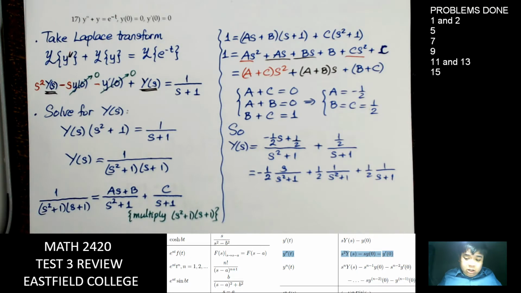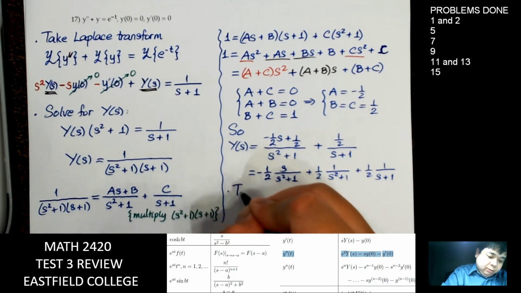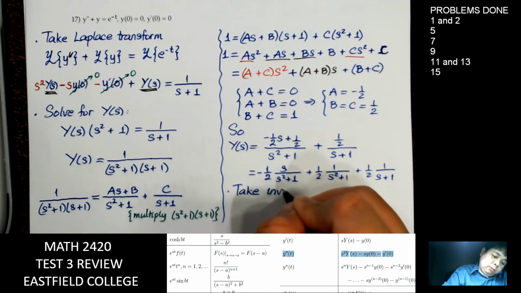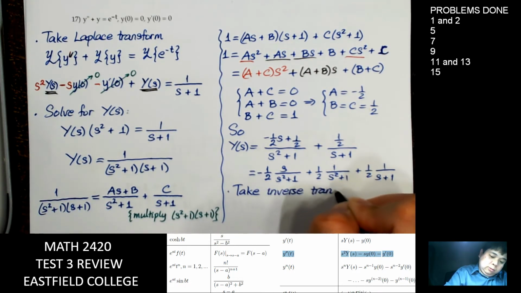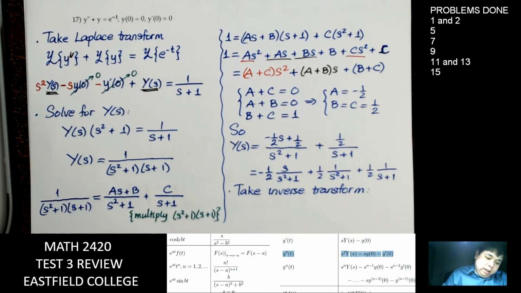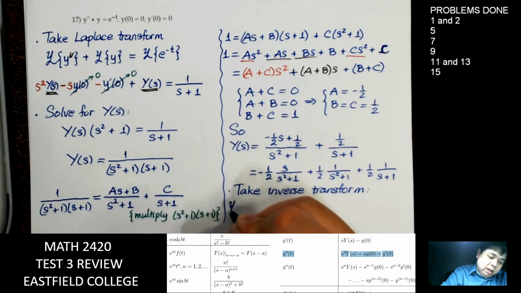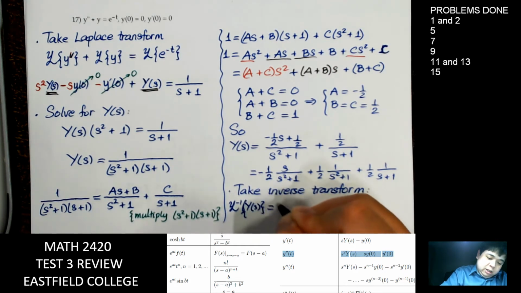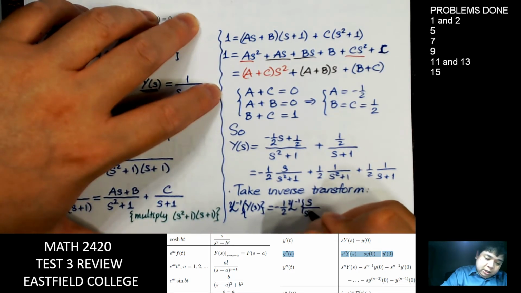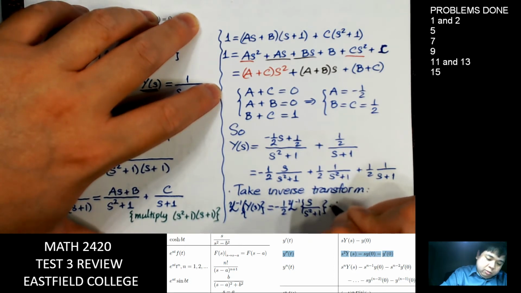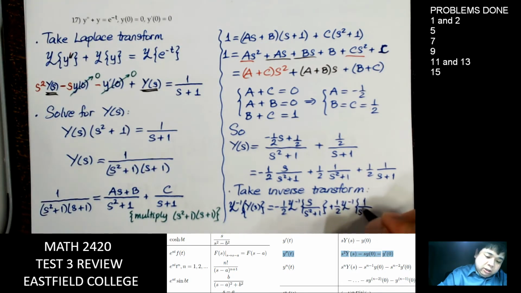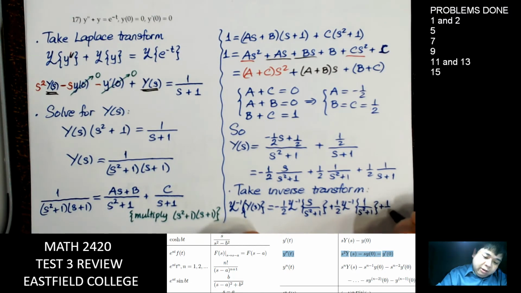I will just take the inverse transform. So we have the inverse transform of Y of s, using a curly bracket: negative 1/2 inverse of s over s squared plus 1, plus 1/2 inverse transform of 1 over s squared plus 1, plus 1/2 inverse of 1 over s plus 1.